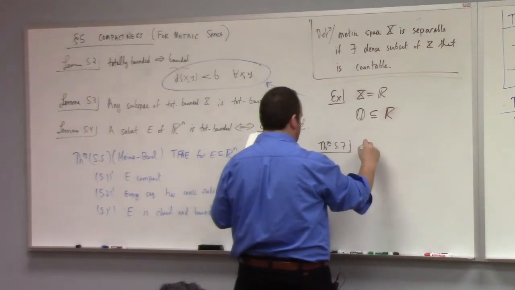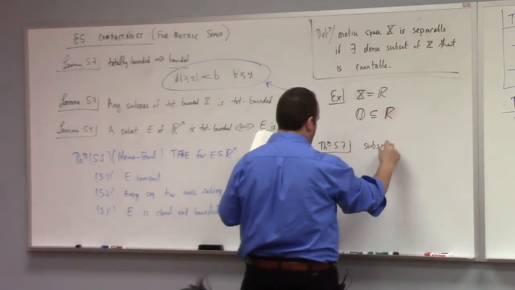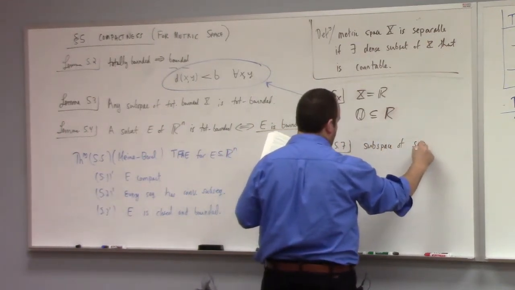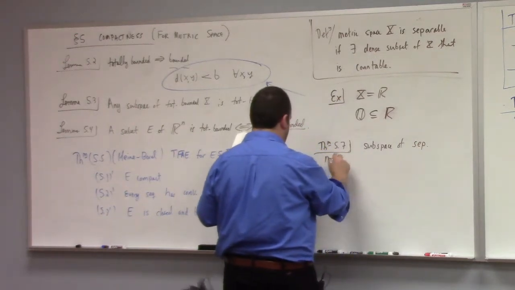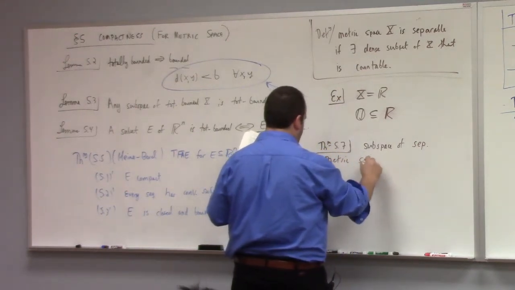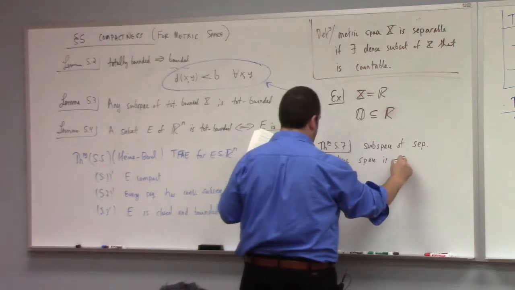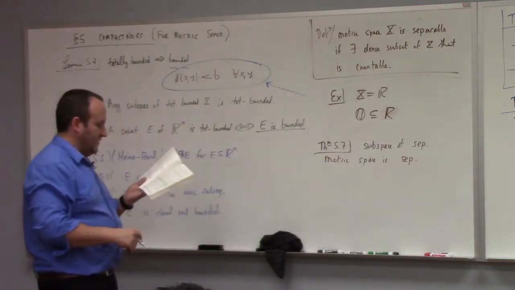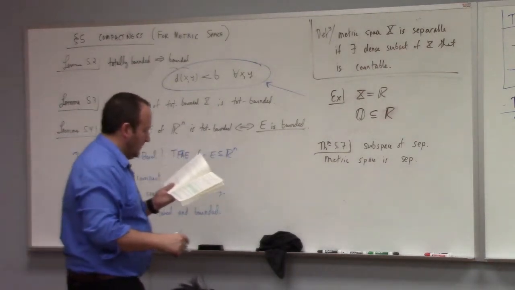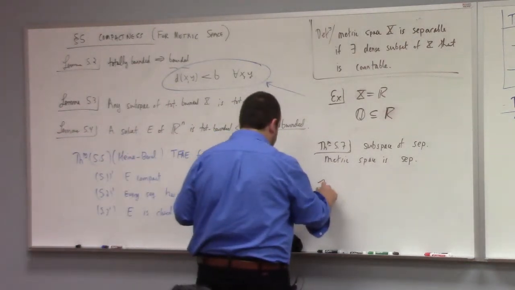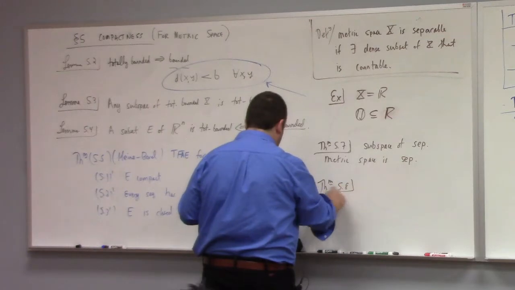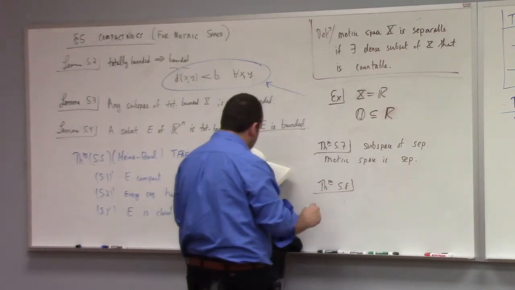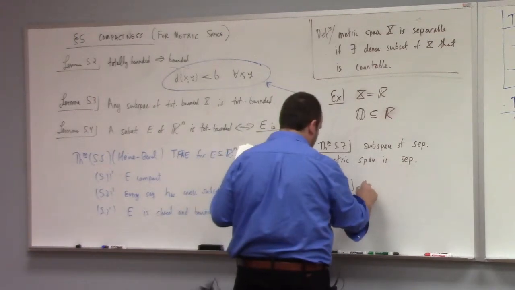Theorem. A subspace of a separable metric space is separable. That proof doesn't look too bad. I'm going to skip it though. And theorem 5.8: a totally bounded metric space is separable.